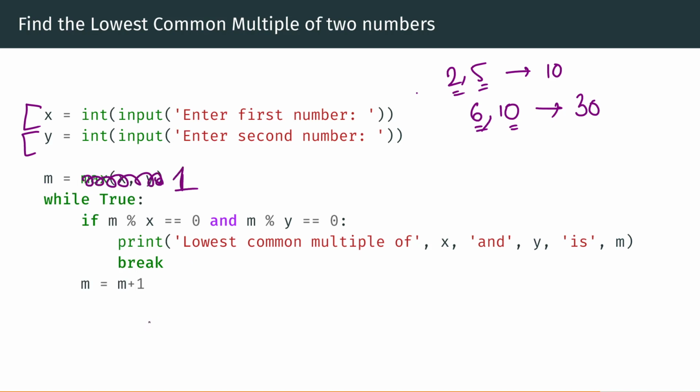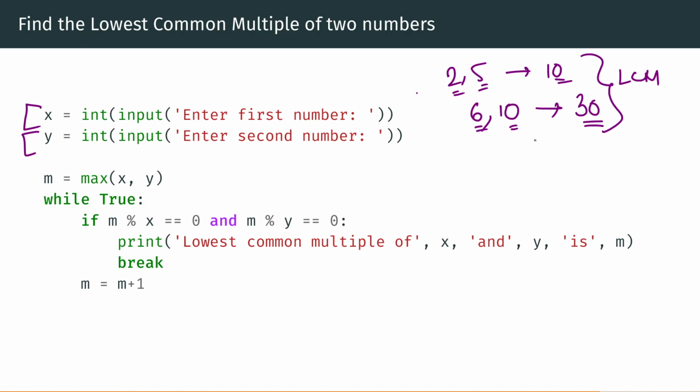But I'm just going to start with the maximum value, because we use the observation that the LCM, the lowest common multiple, must be at least as large as one of the numbers. So it cannot be smaller than the largest number.